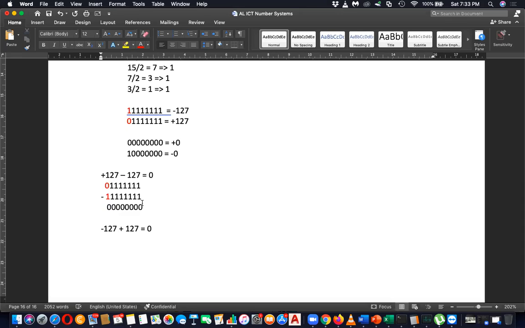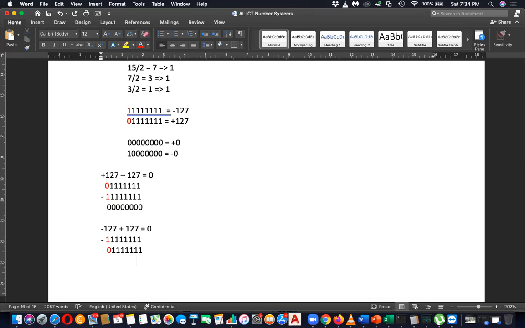For the second one, you have to add both numbers. The first one is minus 127 and plus 1. The second one is 127 plus. You have to add those numbers. Can you add these numbers and tell me the answer? Here 1 plus 1 is 2. 2 means 1 0, remainder is 1. 1 plus 1 is again 2, but the previous one is also there, but you can't write like this.